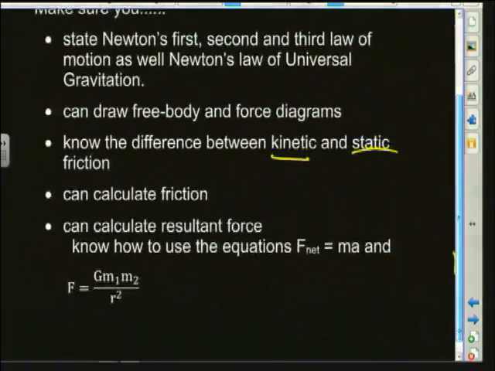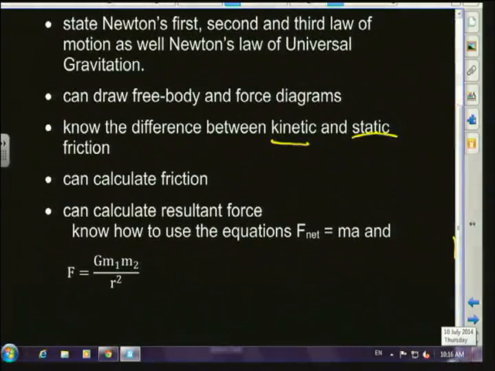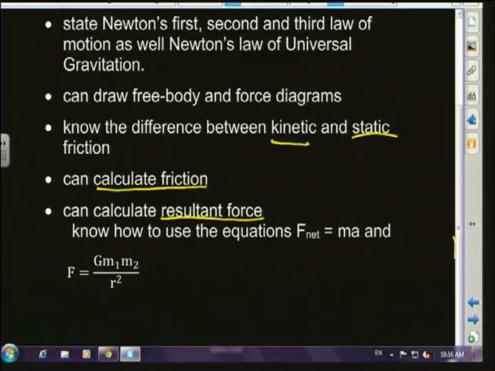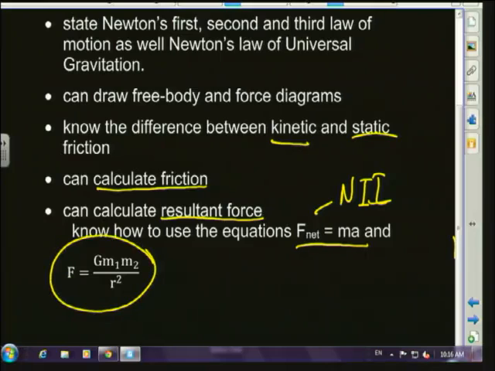Also, you need to remember how to calculate friction, using the equation that you are given on your information sheet, which is great, so make sure you know how to use it. You must know how to calculate resultant force, and on that note, you need to be able to use the equation F net equals ma. Remember, that is from Newton's second law, and of course, F equals G m1 m2 over r squared, which is universal gravitation.